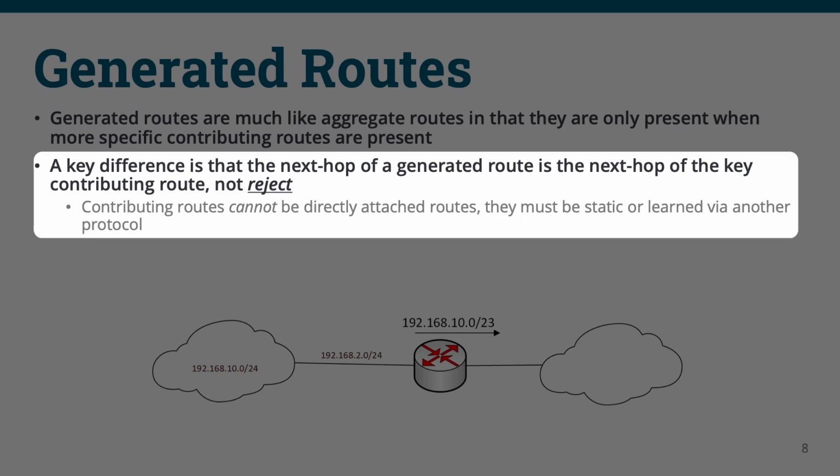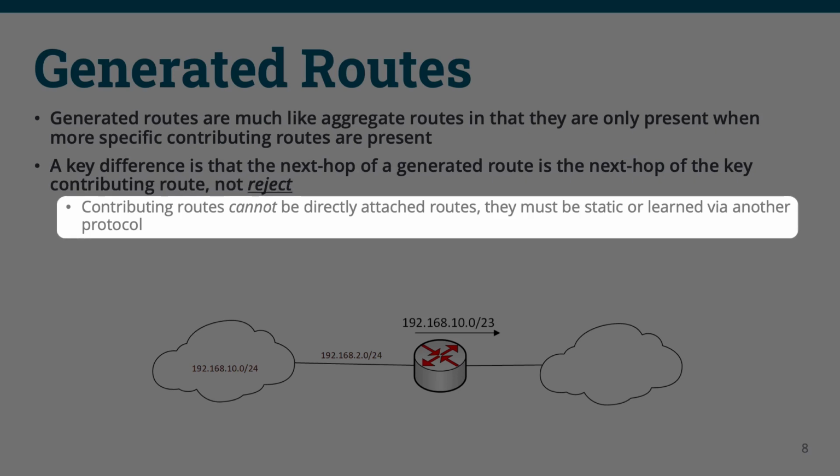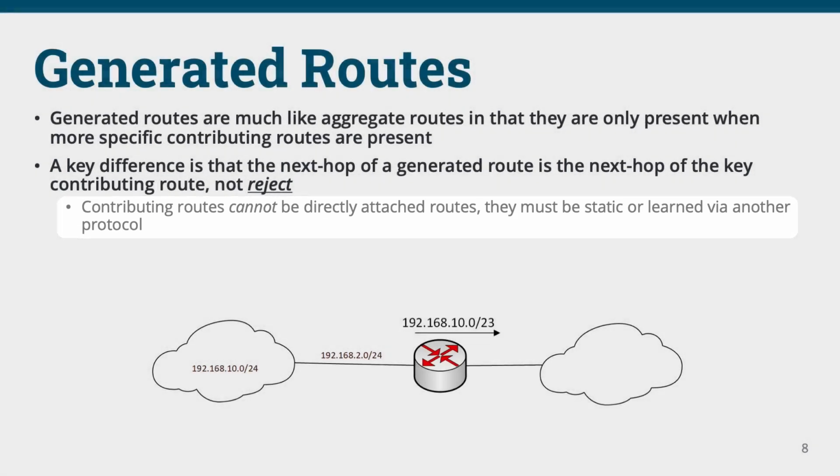This also comes with a key caveat, which is that contributing routes for a generated route may not be directly attached. Where in the previous example of an aggregate route, the contributing route was a /32 directly attached route, that would not be a valid contributing route for a generated route.